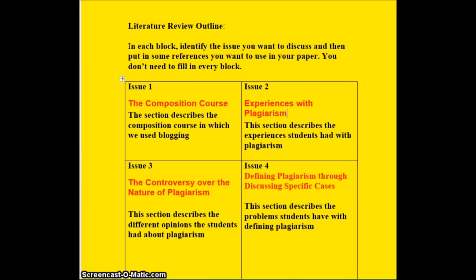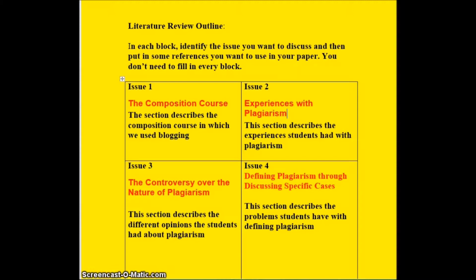So, for example, this is a paper about a composition course and how we talk about plagiarism. So I divided it into 5 issues. The first issue is the composition course. The section describes the composition course in which we use blogging.